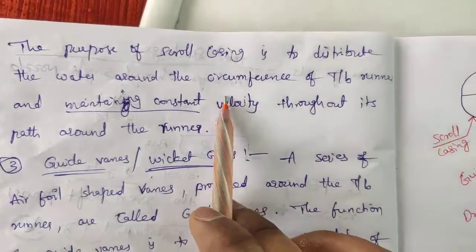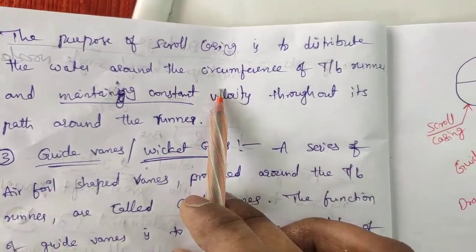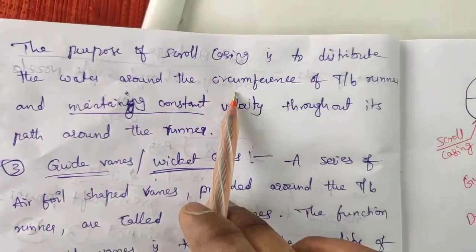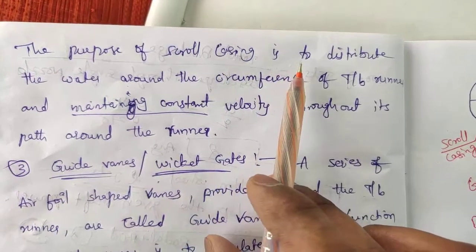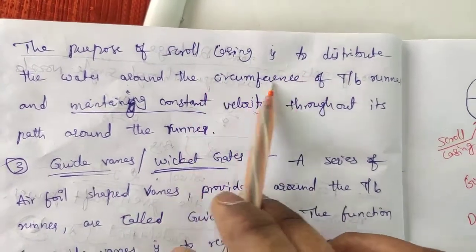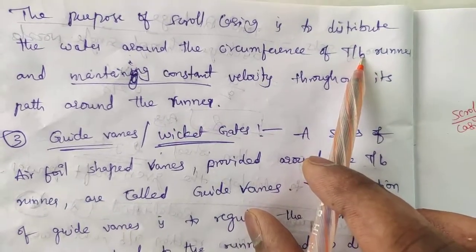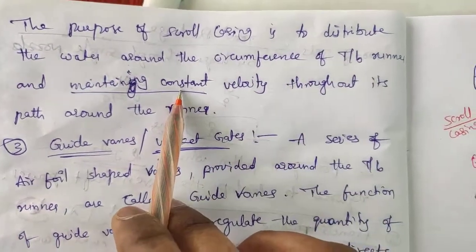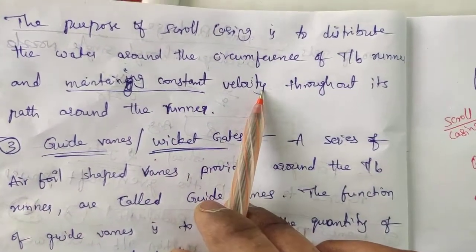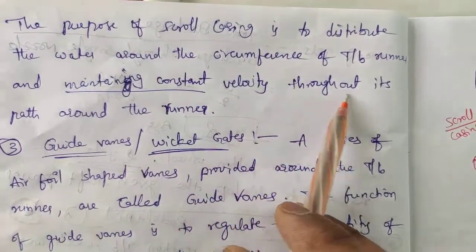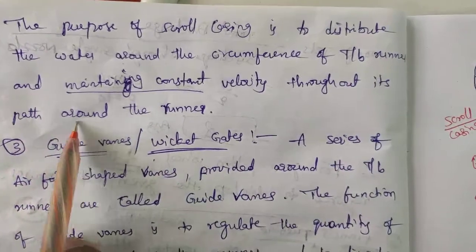That means the function of the casing is mainly two things. First, distribute the water from the penstock around the circumference of the turbine. And the other function is it maintains the constant velocity of water throughout its path around the runner.